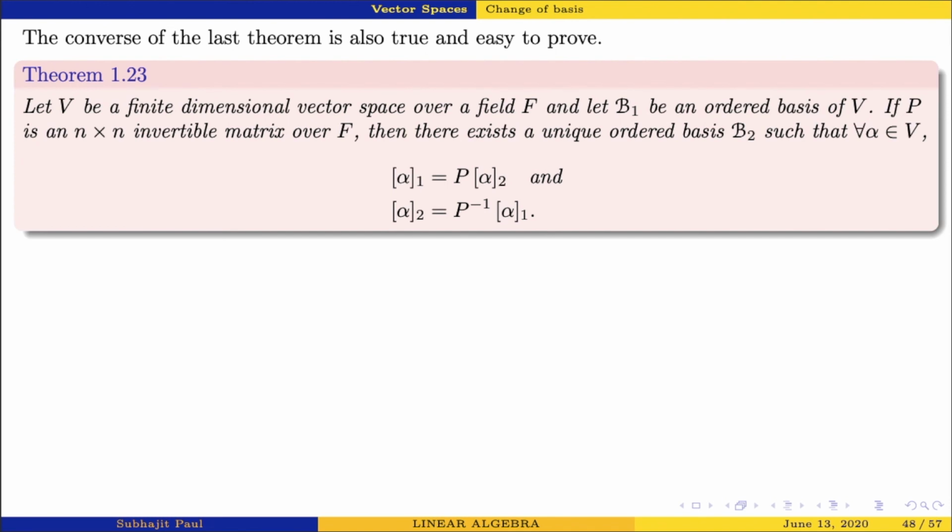The coefficient matrix of alpha with respect to the second basis is equal to the inverse matrix of P times the coefficient matrix of alpha with respect to the first basis.